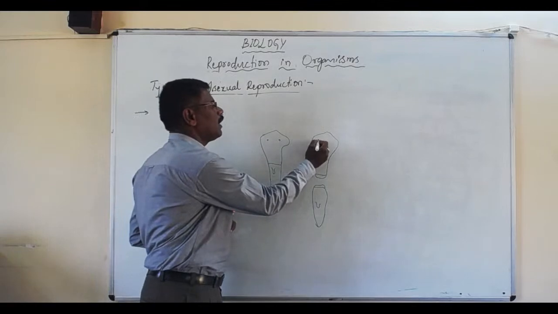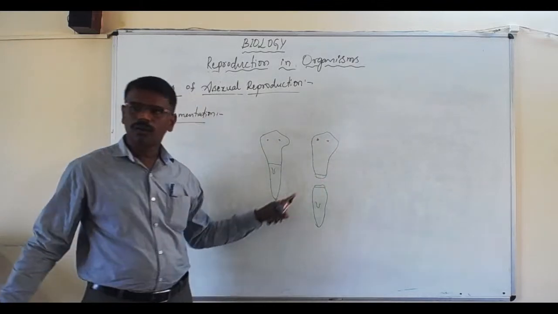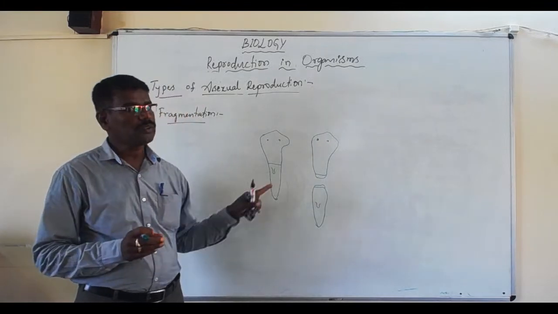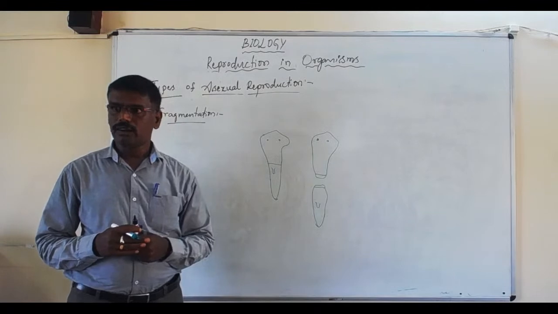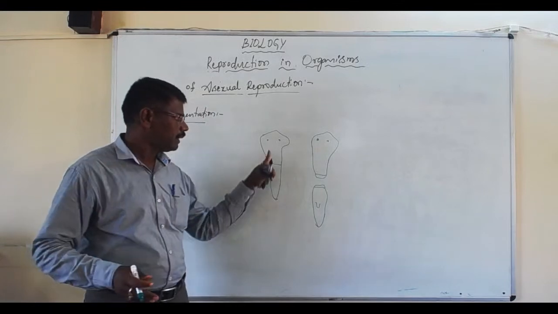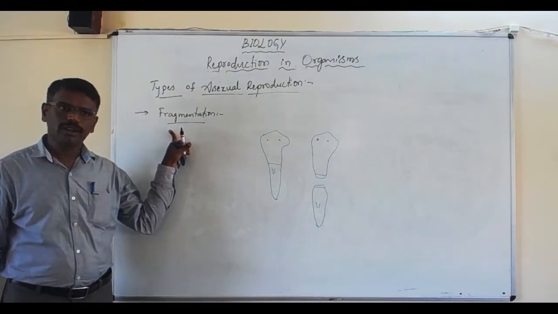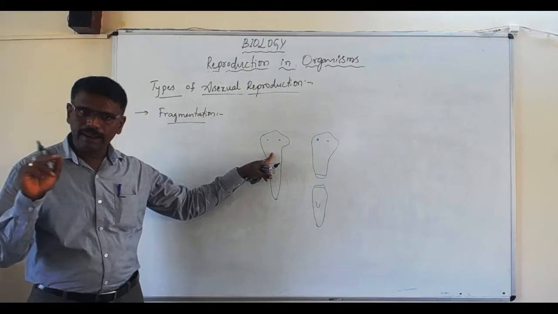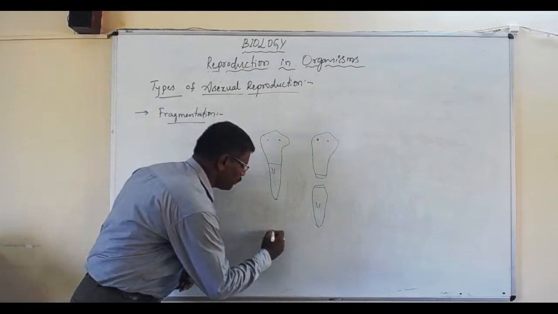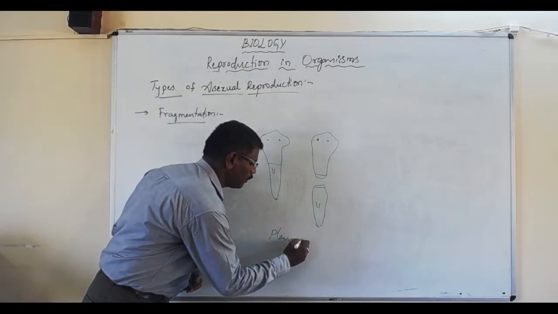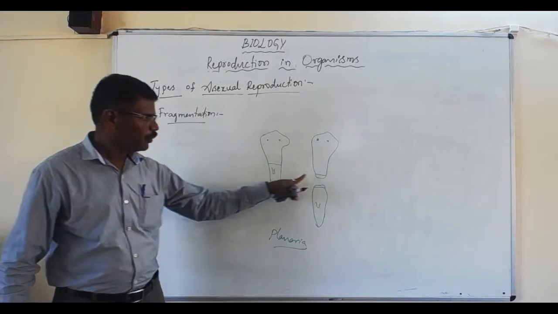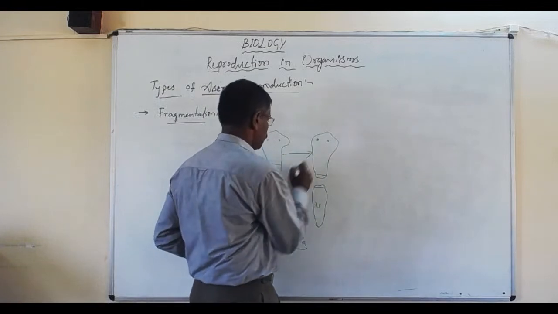The broken parts grow once again, where the lost part regenerates. This process also occurs in starfish regeneration, where the lost part of any arm grows once again. So in fragmentation, at the time of the breakdown of these organisms, in planaria, the broken parts grow as two individuals.